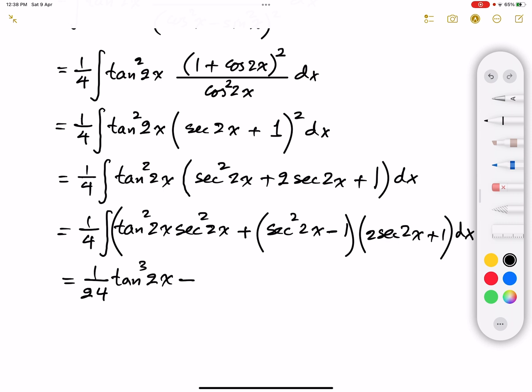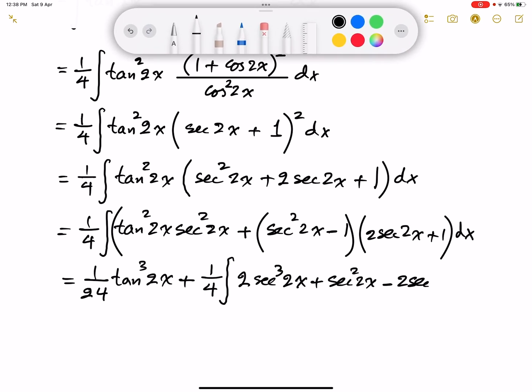Now the second integral. Don't forget the 1/4 outside. So that's going to give us 1/4 the integral of secant squared of 2x multiplied by 2 secant 2x, which gives us 2 secant cubed of 2x, plus secant squared of 2x, minus 2 secant 2x, and the last one is going to be minus 1, and that's it.